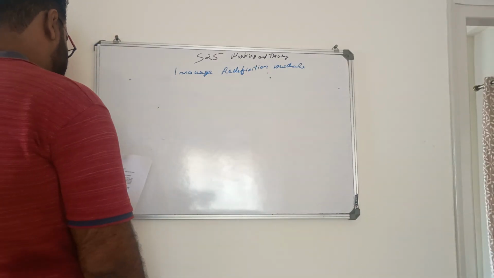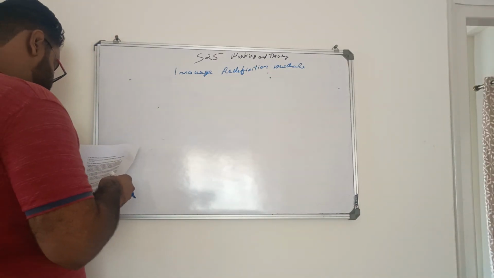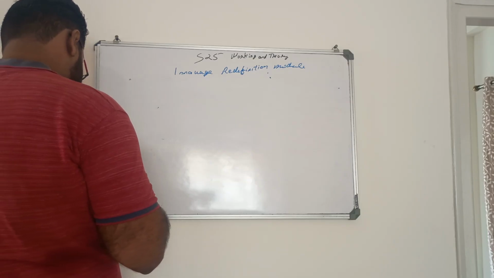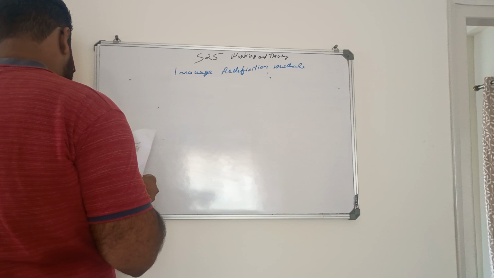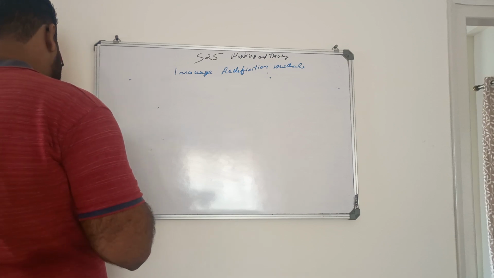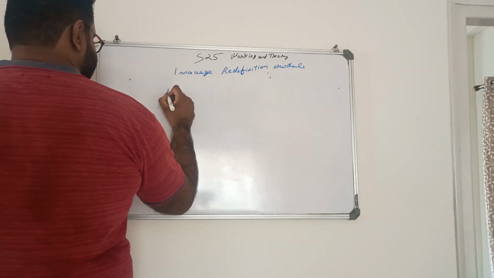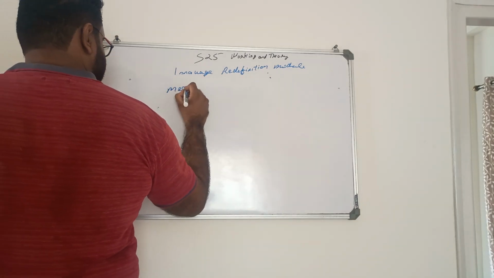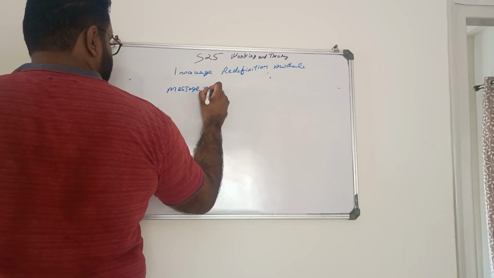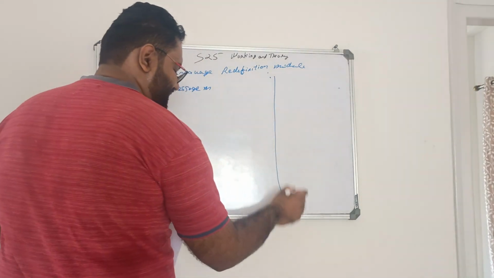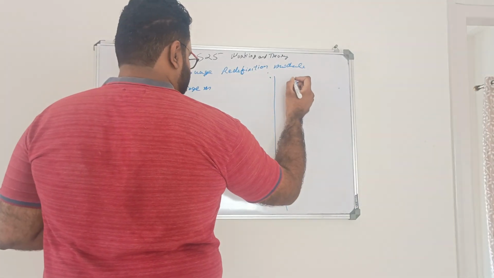So what I'm going to do right now is, let's say I have a message M. To keep track, I'm going to write which of them are LRM valid and which are not.